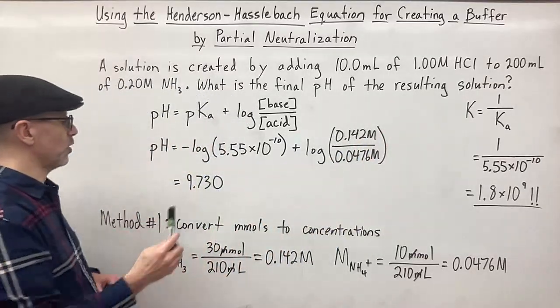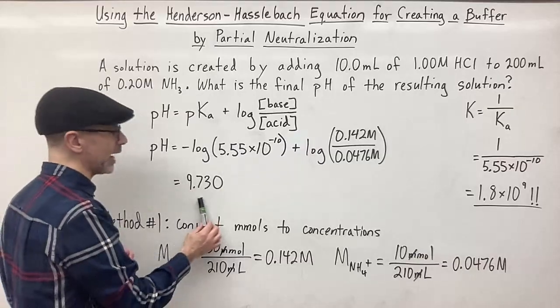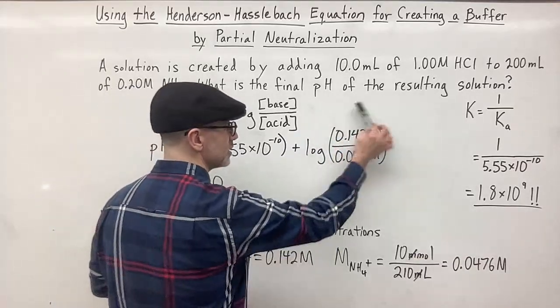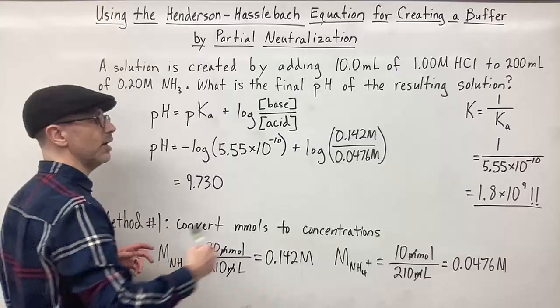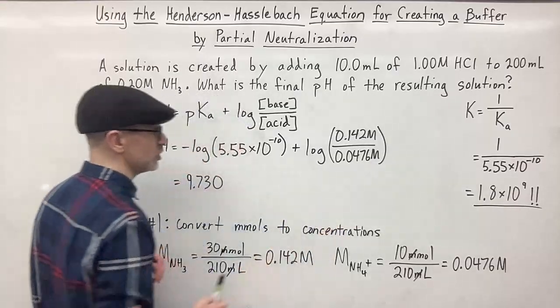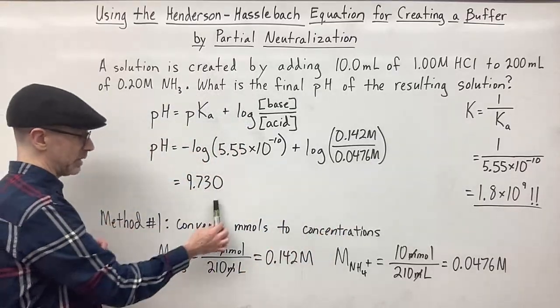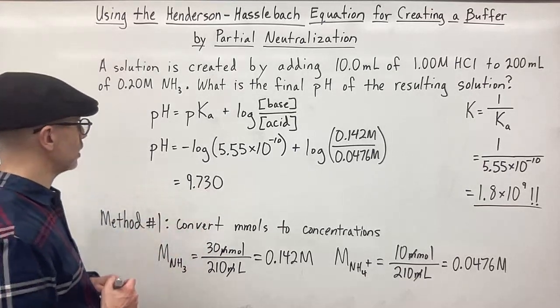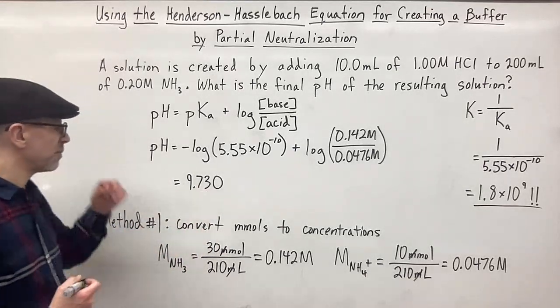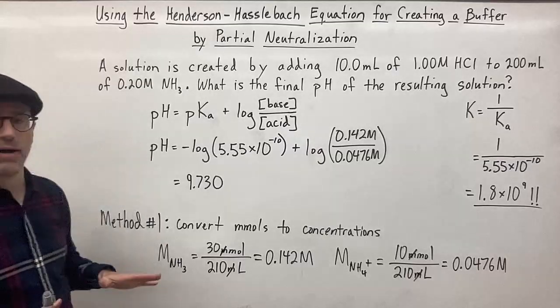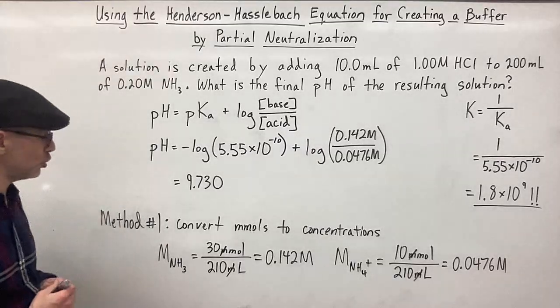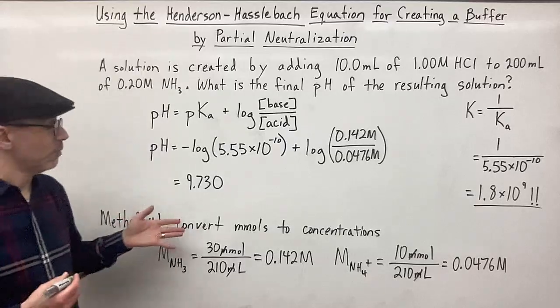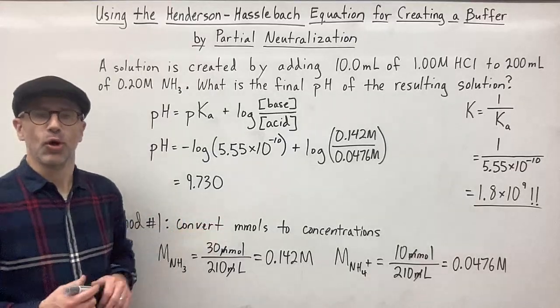Oh, sorry, I misspoke. So we would expect this to be higher because we have more base species in solution compared to the acid species. And so you would expect a pH that's going to be greater than the pKa of the acid. Okay, so that's method number one. Method number two is just use the millimoles. Why?